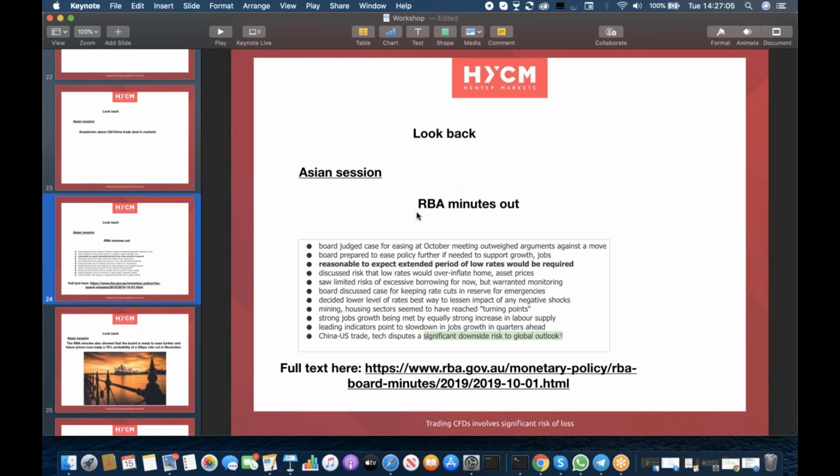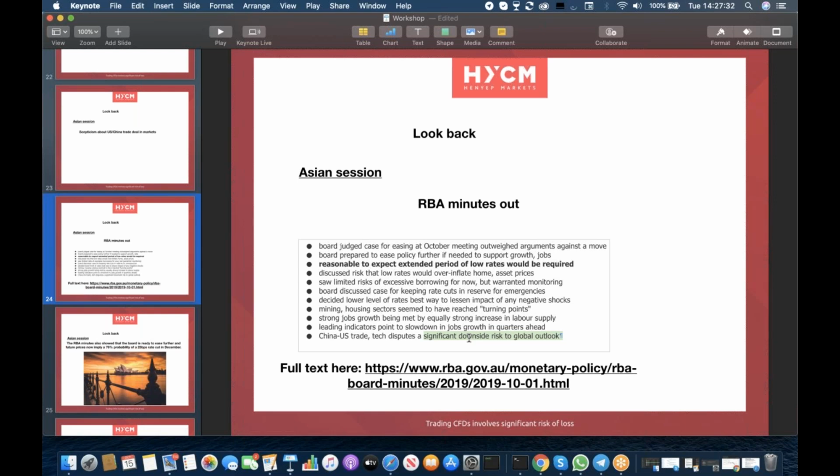The RBA cut interest rates by 25 basis points at their last meeting, and they're saying you can expect a period of low rates going forward. So they are prepared to cut again. They also mentioned their focus on the labour market.